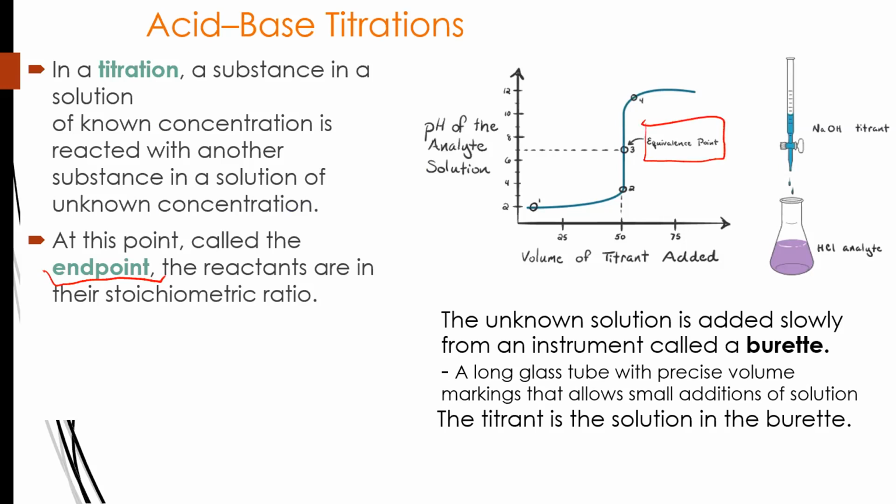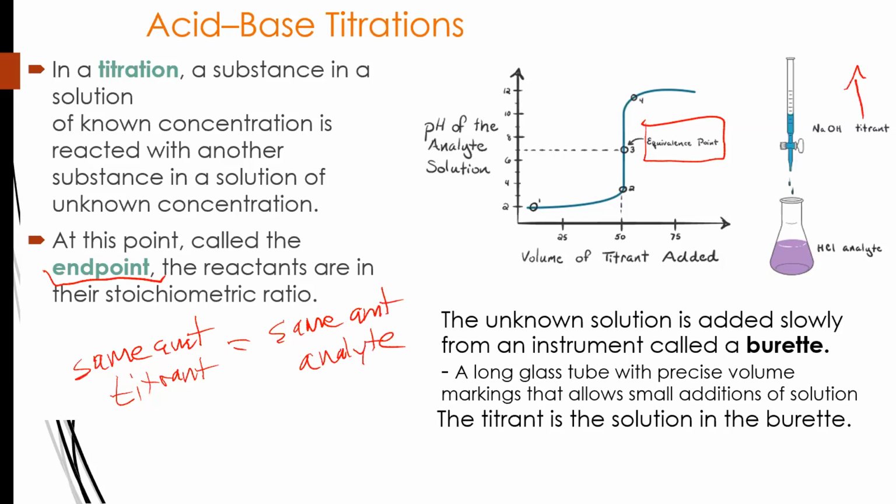The equivalence point is where we have the same amount of our titrant, which is equal to the same amount of the analyte. What that means is your titrant is the one that we know. Whatever's in our solution, that's our unknown.